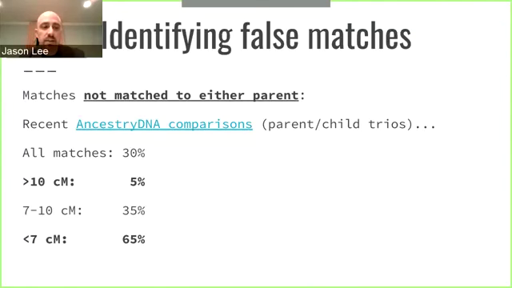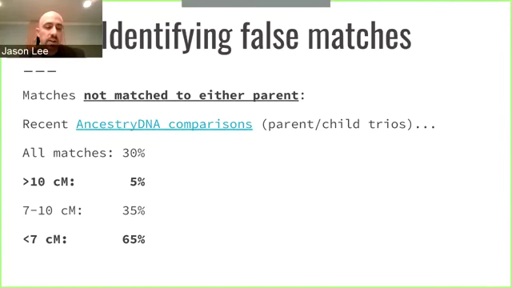So that's a pretty significant percentage, but we can see that as we go to the lower centimorgan matches, the numbers are quite high. So with matches in the 6 to 7 centimorgan range, we'll find that about 65% of the matches for the child are not matched to either parent. So that's a pretty big warning sign that we are in trouble when we're in this category.